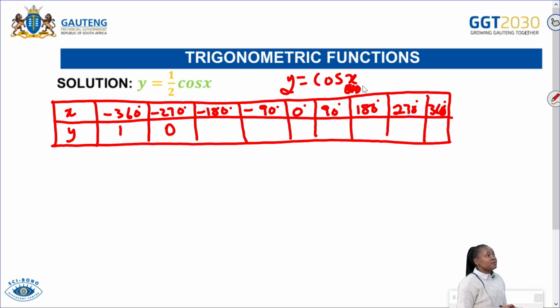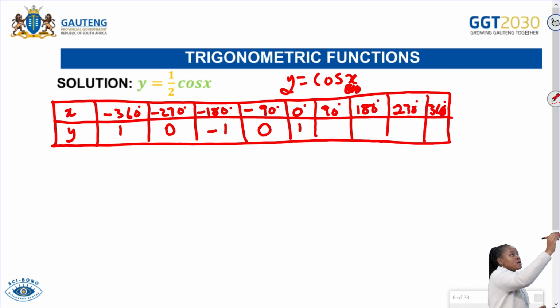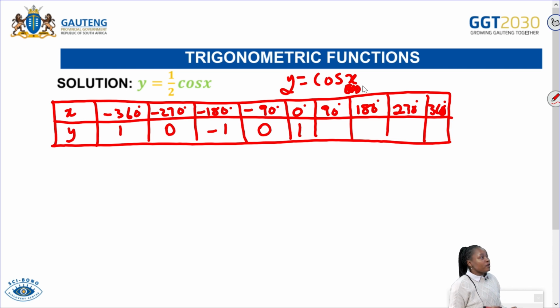And then if you substitute the value of x as -180 degrees, you'll get -1. And if you substitute -90, you will get 0. And if you substitute 0, you'll get 1. Unlike the graph of sine, whereby when you substitute 0, you get 0.